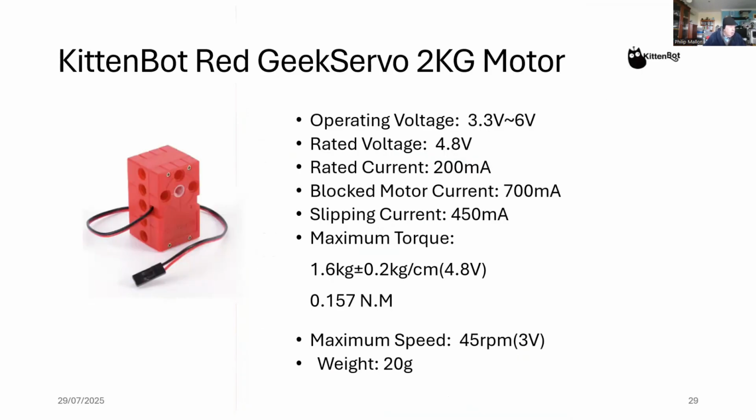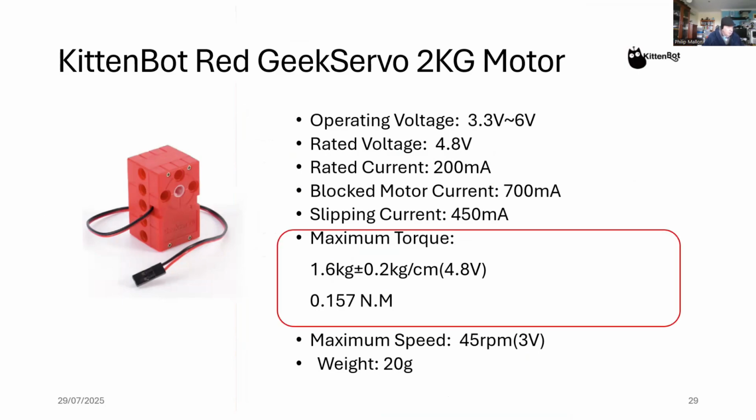The one we're using on our project is the KittenBot Geek Servo 2 kilogram motor, and it has a maximum torque of 1.6, and we can translate that to 0.16 Newton meters. So it's adequate for the project that we'll be using later on.